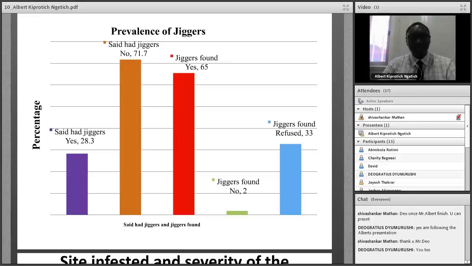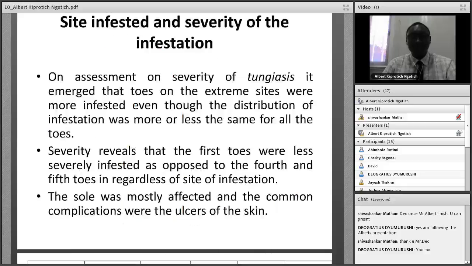On the severity of the infestation, you'll find that Tungiasis emerged on the toes. The extreme sides were more infested than the other sides of the body, especially on the lower limbs. Severity also revealed that the first toes were less severely infested as opposed to the fourth and the fifth, regardless of the site of infestation.